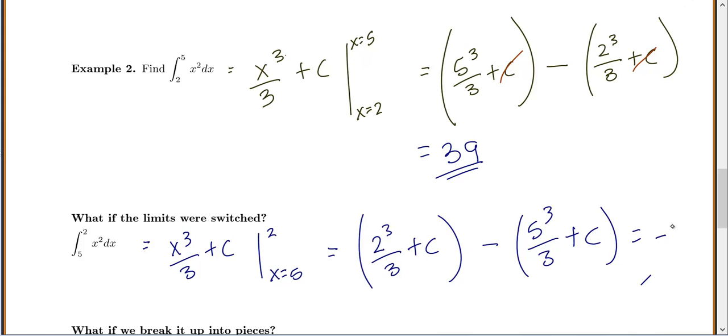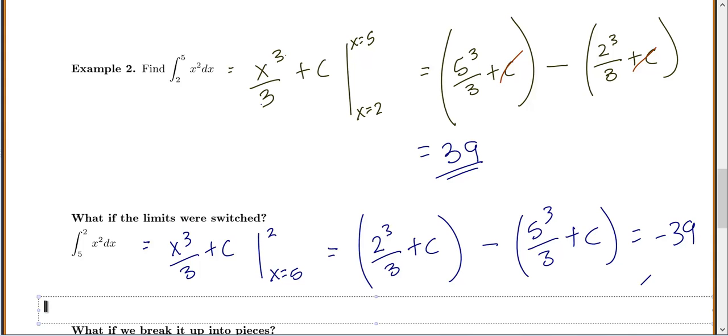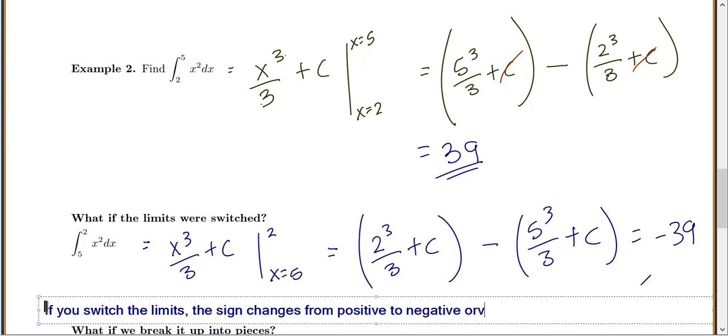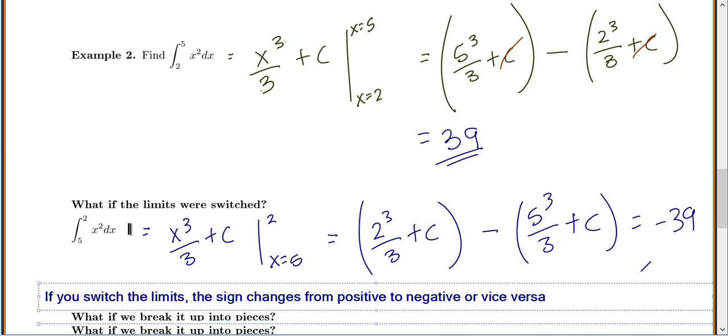This will be equal to negative 39. So what happens if we switch the limits? The sign changes from positive to negative, or vice versa, because all that happens is you're changing the order that you subtract them.